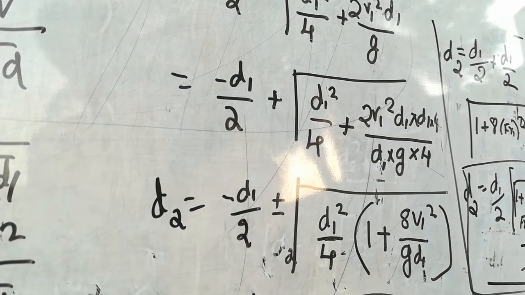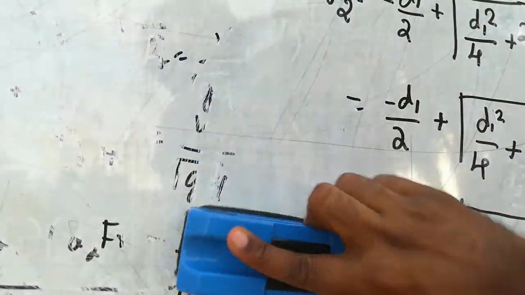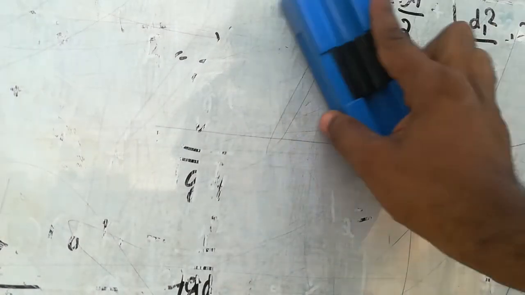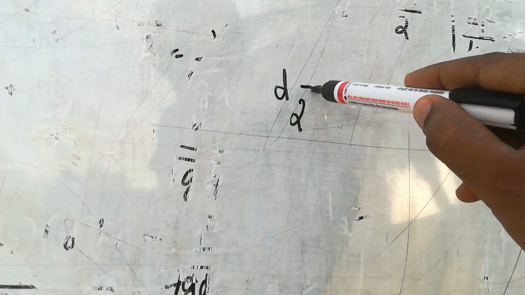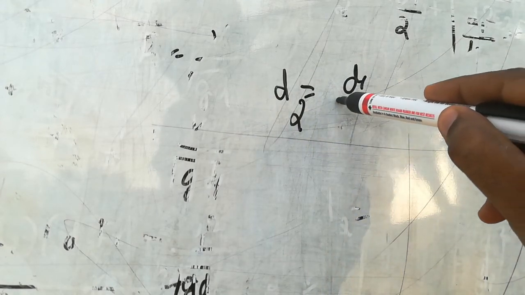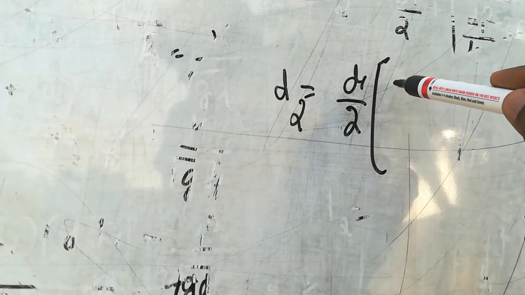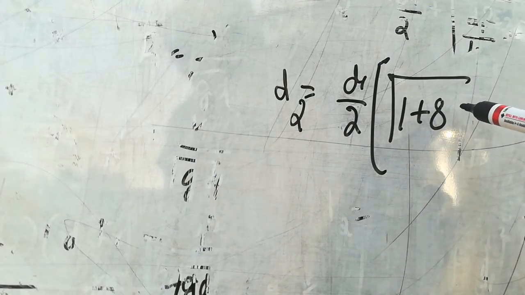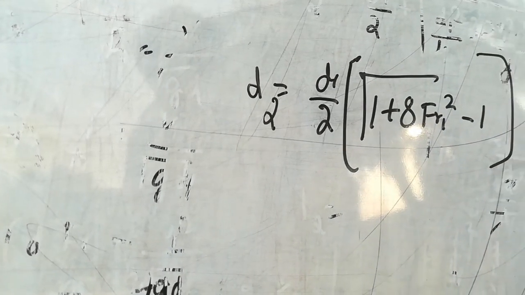This is for section 1. If it is not clear, I can write it again here on this side. d2 is equal to d1 by 2 times root of 1 plus 8 Fr1 square, minus 1.